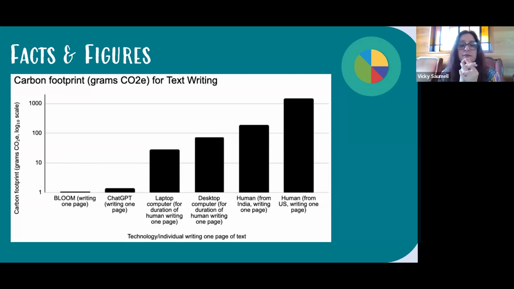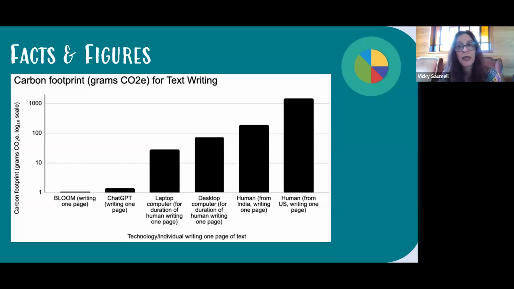So I was surprised to see that a human writing one page will produce a higher carbon footprint than ChatGPT writing one page. And that is probably because of the amount of time it would take a human to write one page and the amount of time ChatGPT needs to write it. I'm only looking at the data related to the carbon footprint.